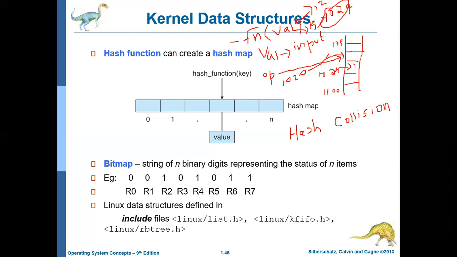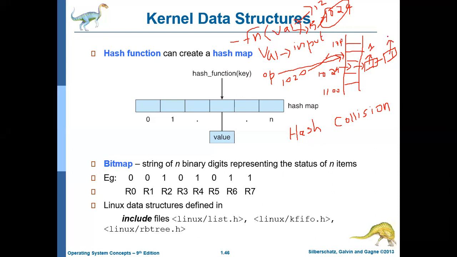Instead of storing an instruction here, the operating system will store a linked list here. In this case, two values are matching to the same location, so it will maintain a linked list with two nodes, and these two nodes will have instructions. This one will have one instruction, and this may have some other instruction.